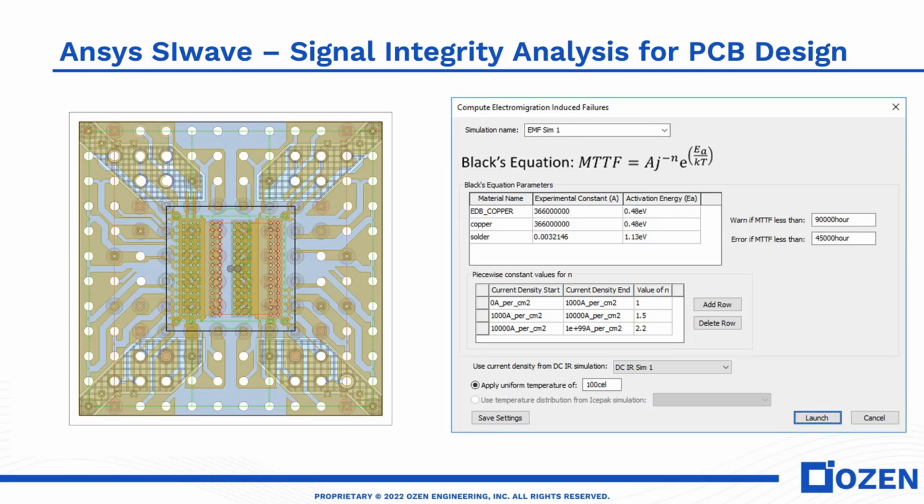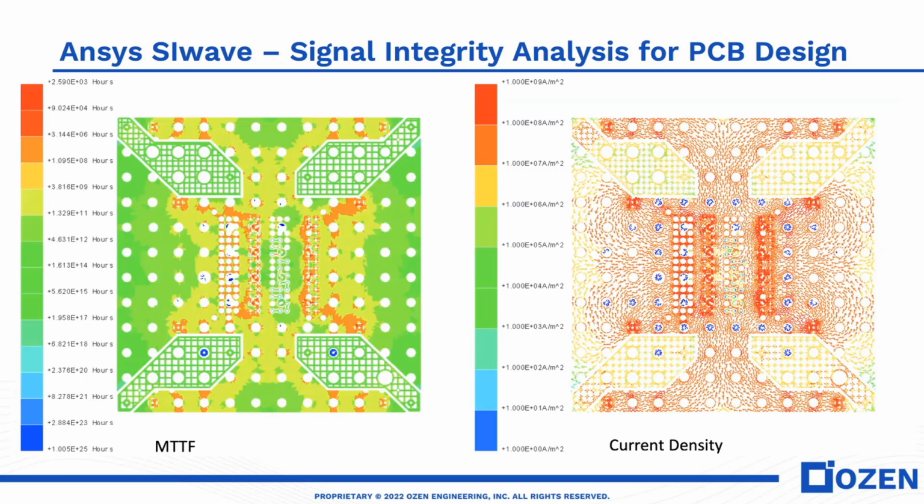So if you have a complicated PCB design like the one that you're seeing here, all you have to do in SIwave is specify the experimental constants and activation energy, and SIwave is going to give you nice looking contour plots, where on the left-hand side, SIwave is going to tell you what's the mean time to failure. On your complicated PCB design, you will be able to see, for example, in this case here, 2,590 hours.